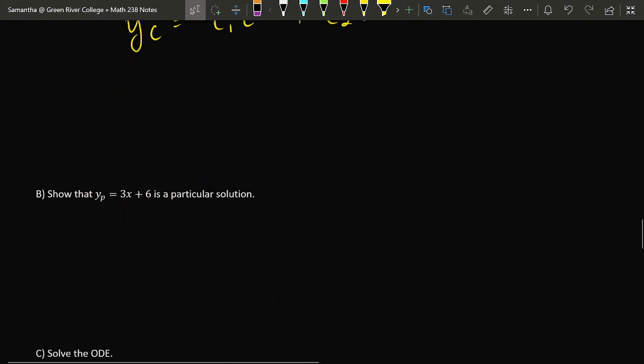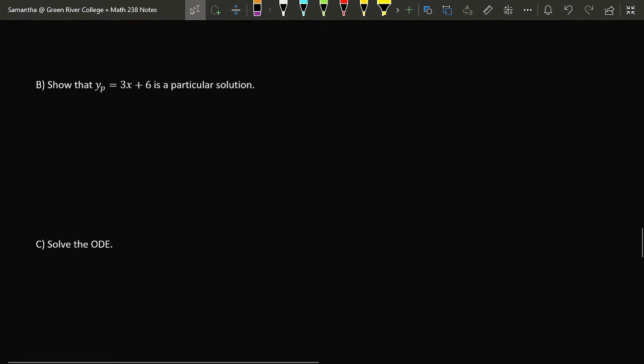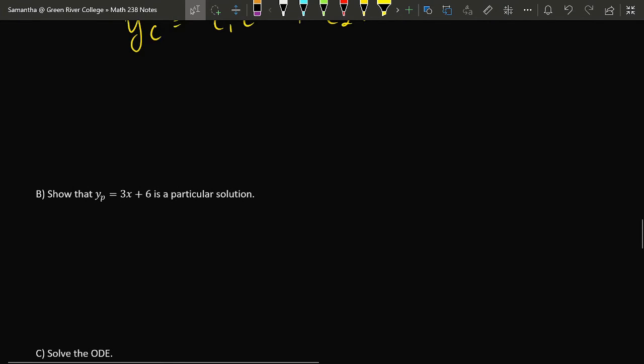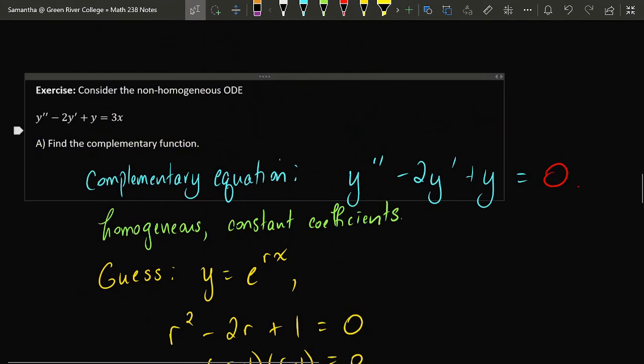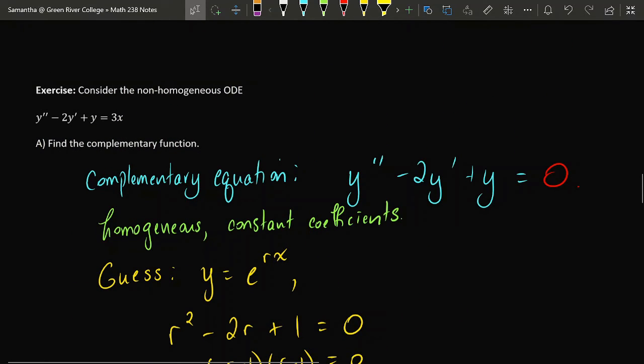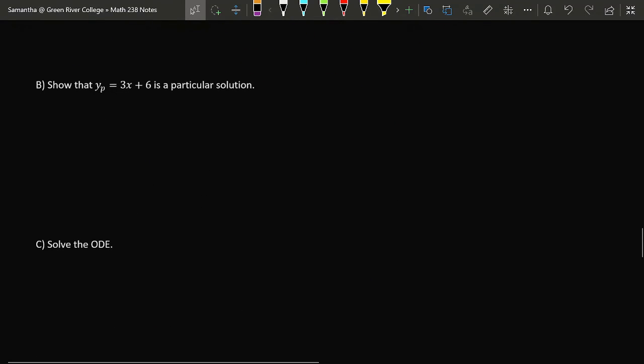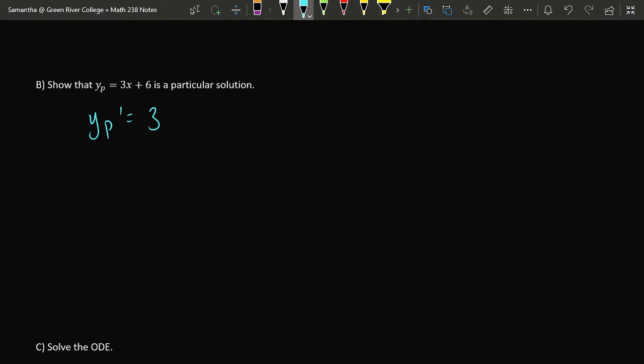In part B, let's verify that y sub p equals 3x plus 6 is a particular solution. So all I have to do is show that this function solves the original non-homogeneous ODE. So if I calculate y prime, that's equal to 3, and y double prime, that's equal to 0.